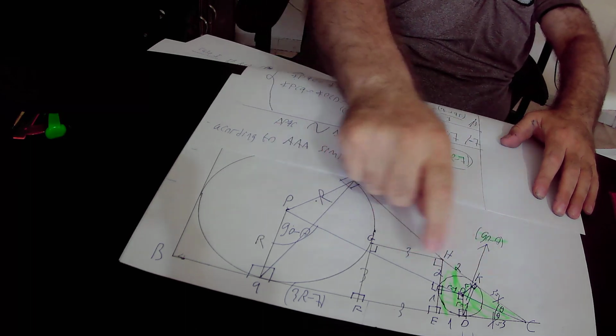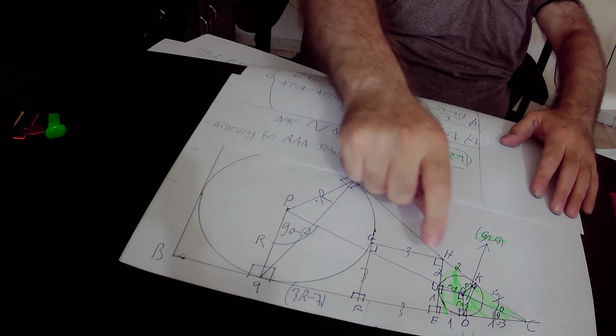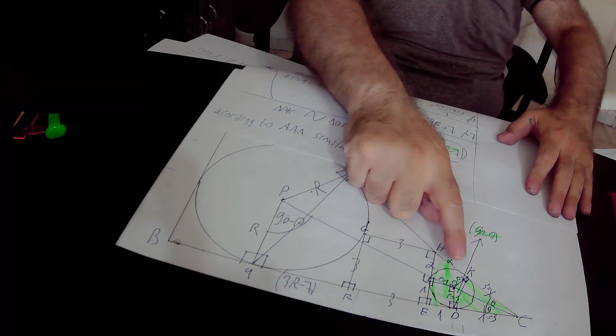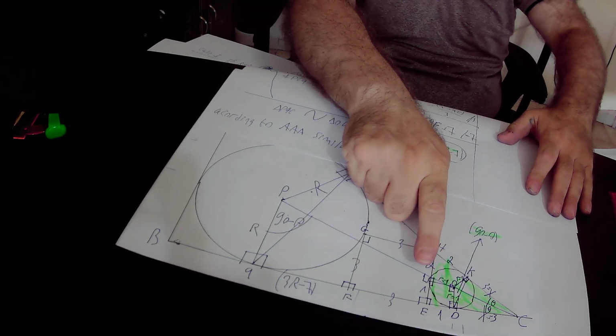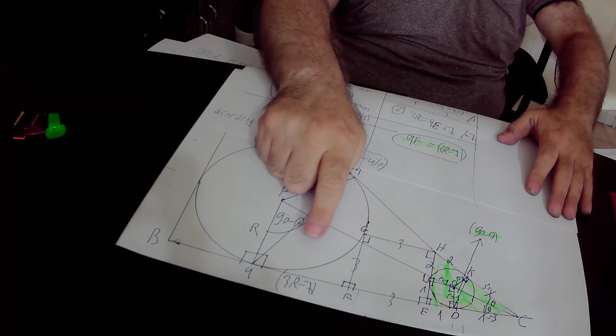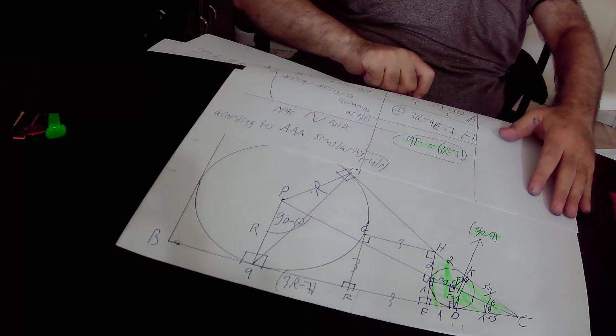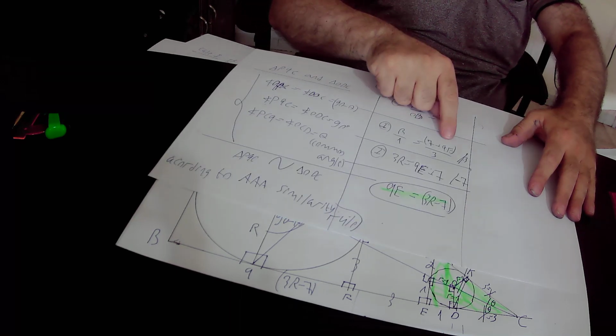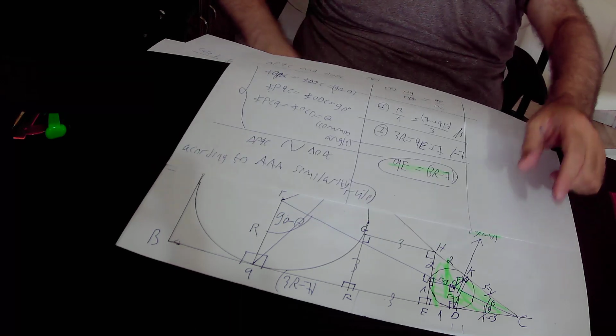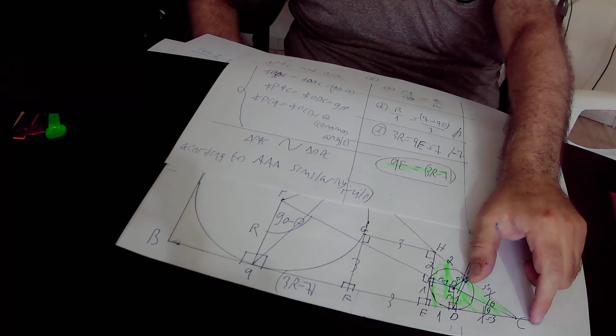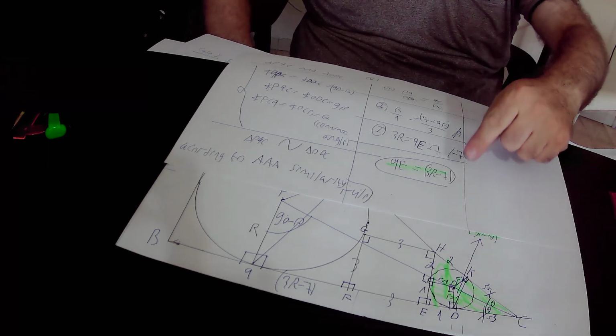QC, what is the value of QC? QC is equal to 3 plus 1 plus 3 plus QF. So in total, QC equals 7 plus QF. So substitute QC by 7 plus QF. DC equals X, that is equal to 3 units. So substitute DC by 3.